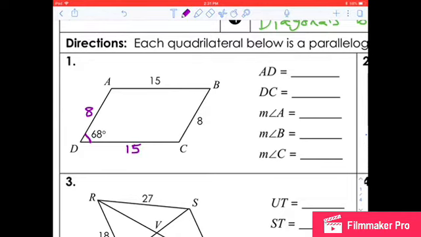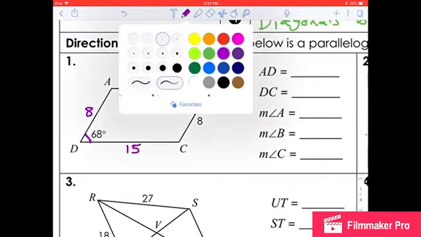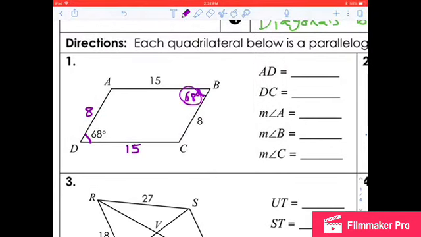Same thing here, 68 and 68. Those are the same. And if I know those are 68, then I also know that 68 is supplementary to this angle. So if that's 68, that makes this 112 degrees. And this 112 degrees as well.